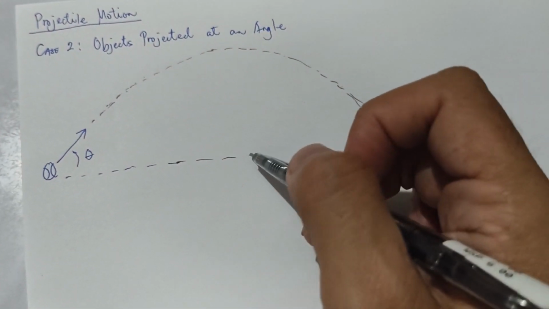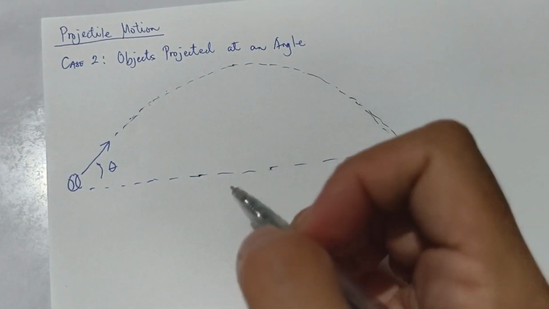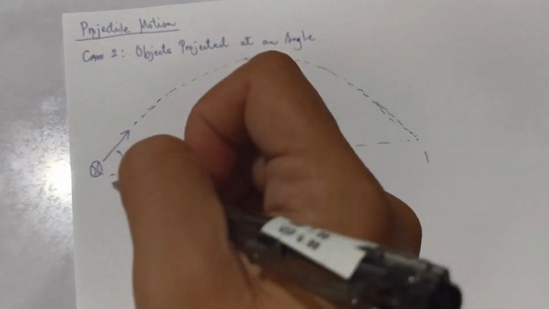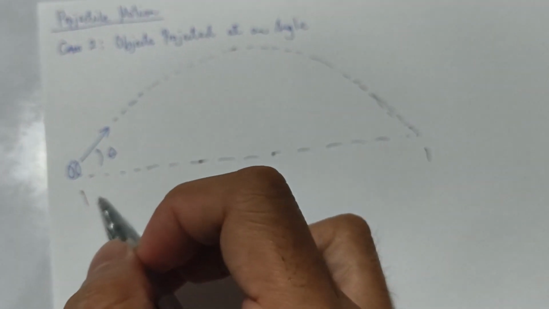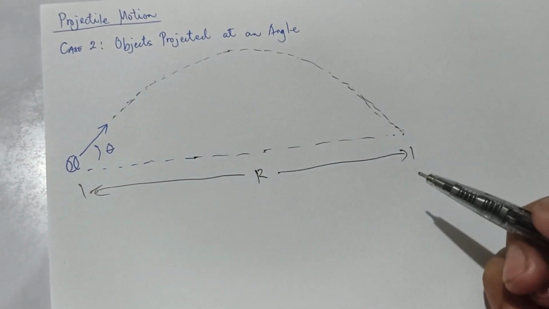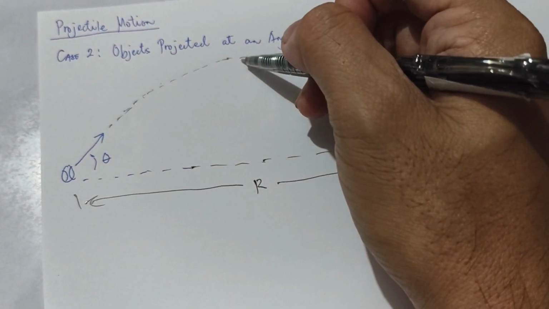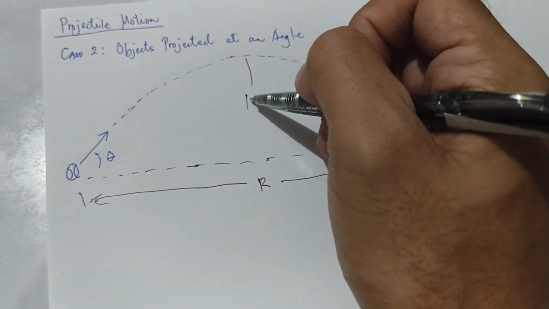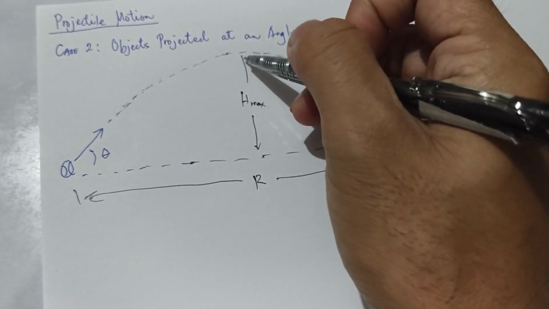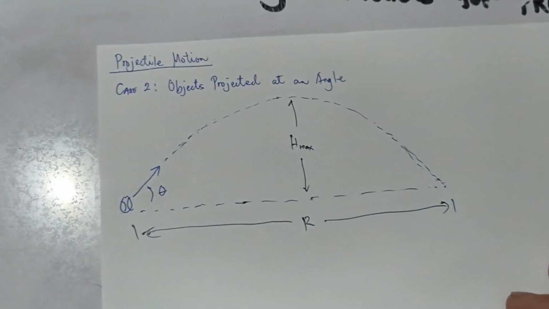Okay, and in doing so, it will cover a horizontal distance known as range, and of course it will reach a certain maximum height or maximum vertical distance.